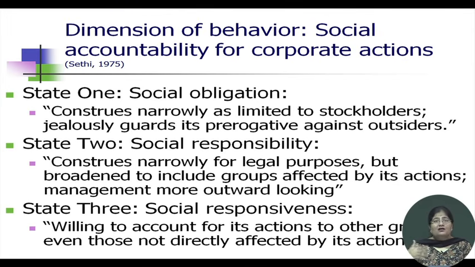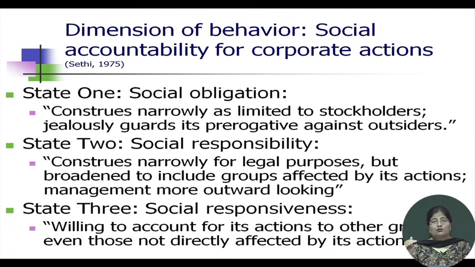So, we say that our stakeholders are the stockholders here, people who have a financial interest in the organization. It's a social obligation. It jealously guards its prerogative against outsiders. We will not share this information with the outsiders, but we will be accountable to our stockholders. We will be accountable to the people who have invested in our organization.